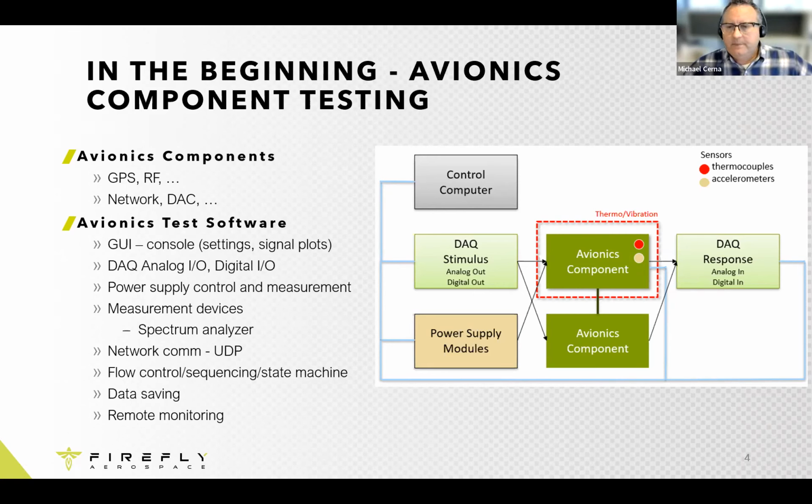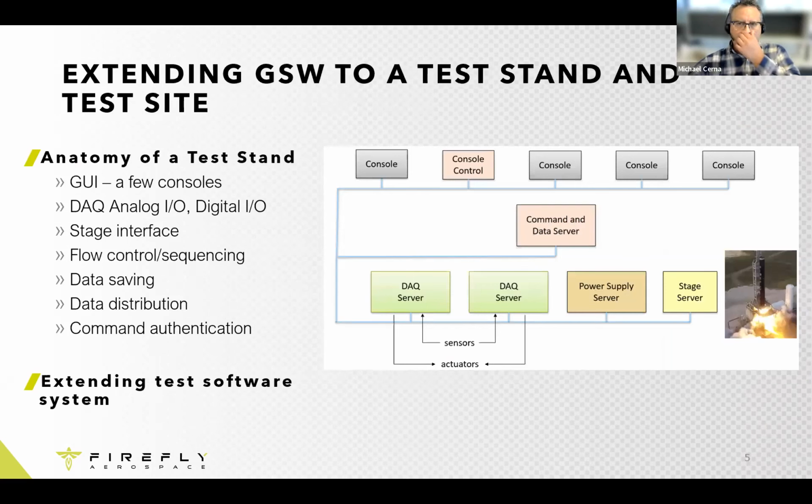Again, we have some data saving and plotting while the test is being run, and we would like some ability to remotely monitor the test. So that's the basics of a system for avionics component test.